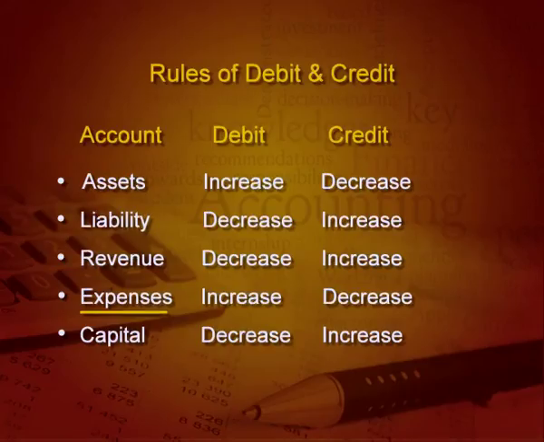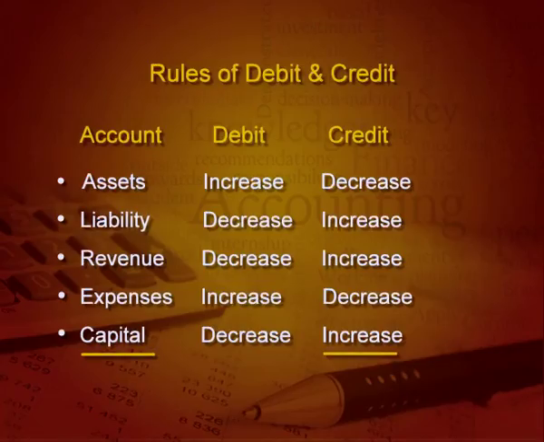Expenses, increase debit, decrease credit. And capital, again increase credit and decrease debit. Now, how to remember all these things? Those things which have a debit balance will always increase when debit and will decrease when credit, very simple.